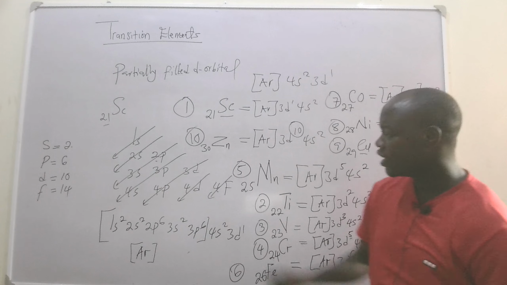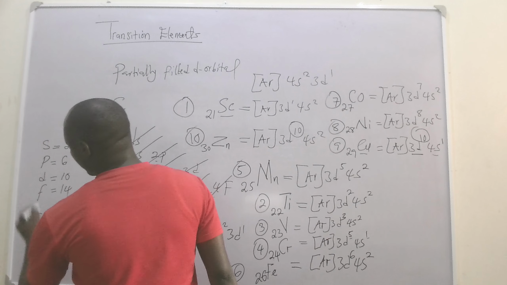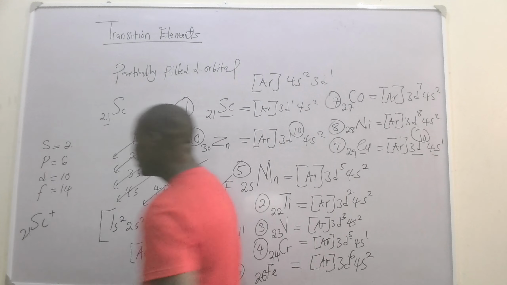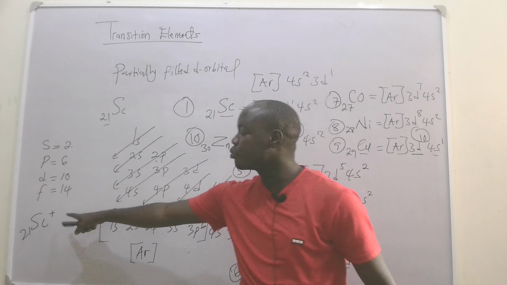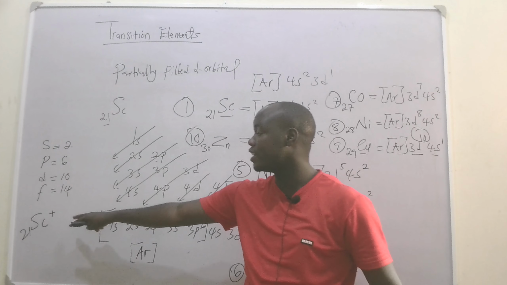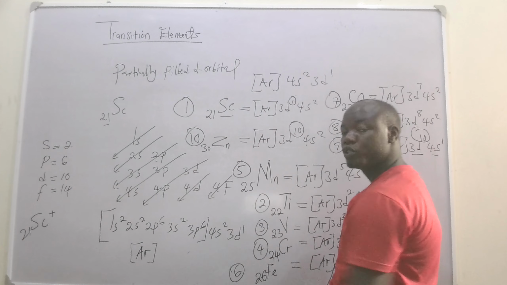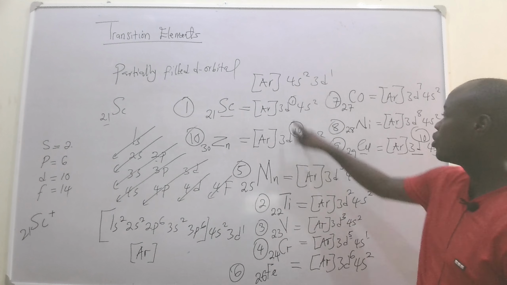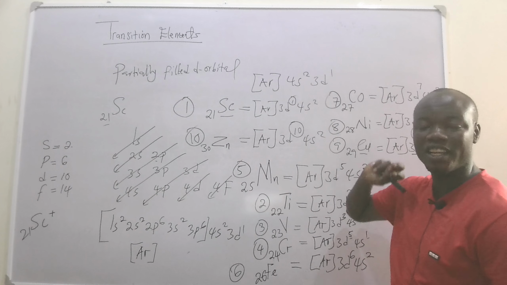Like for example, let's say scandium 3 plus. Is scandium 3 plus a transition metal? No. Because this plus means that it loses electrons from the 3d, so at this point, in the case of scandium 3 plus, there is no electron in 3d.